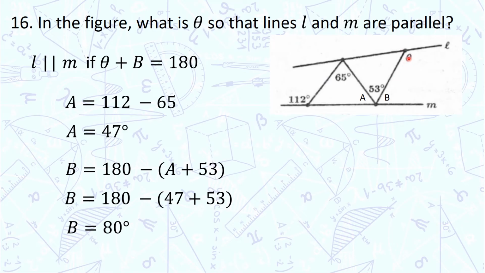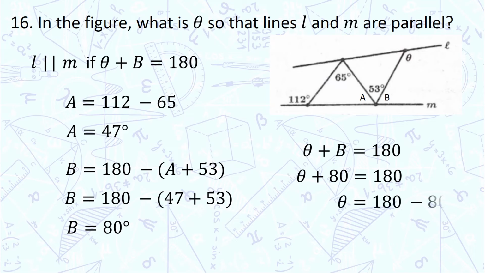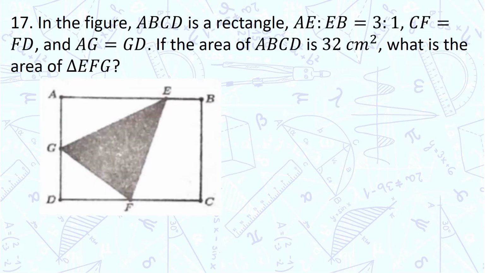Now we're looking for angle theta. So the theorem says theta and B must be supplementary angles. Therefore, theta plus B is equal to 180 degrees. So, theta must be equal to 180 minus 80 degrees, and that is 100 degrees.